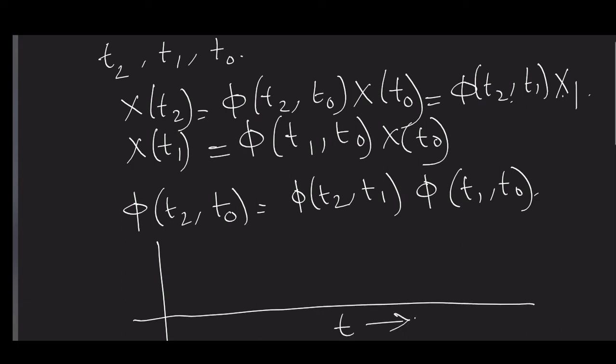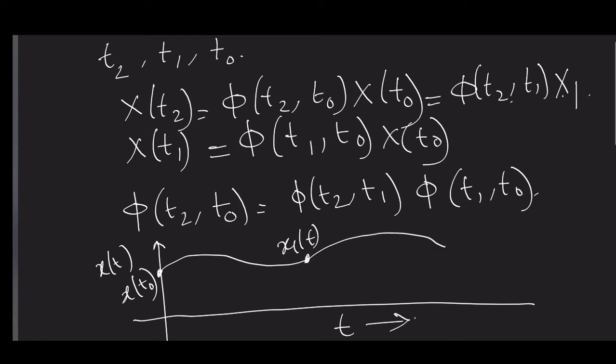Your t is here. Let us consider only the variation of a single variable x(t). Here it is your x(t0). Now here it is your x1(t), and here it is your x2(t). So how have we reached this x1(t)? This trajectory was governed by.